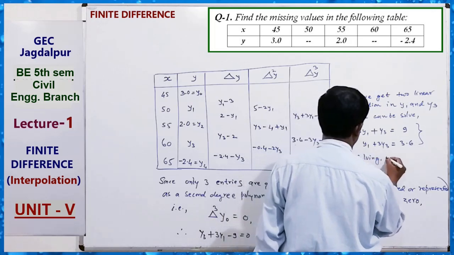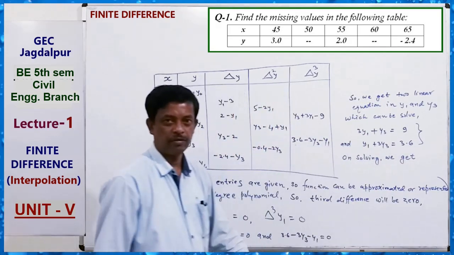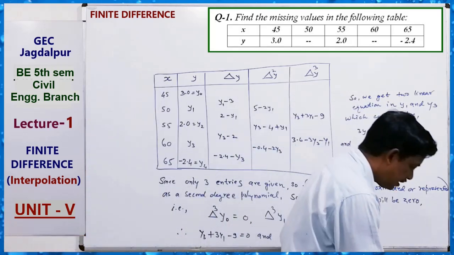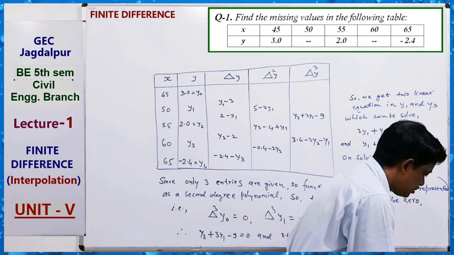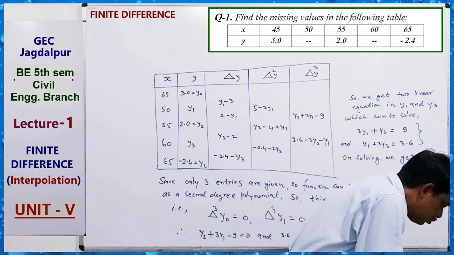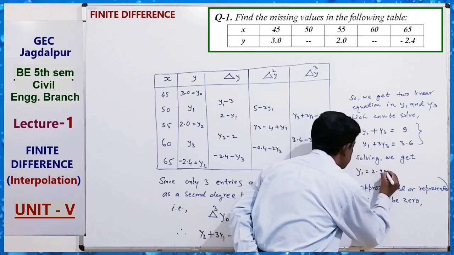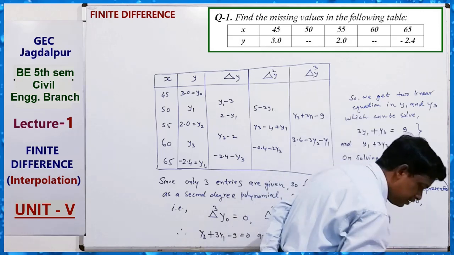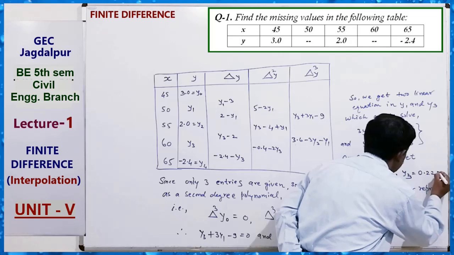On solving, we get y1 and y3. So y1 is 2.925 and y3 is 0.225.